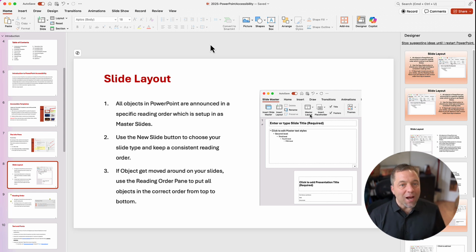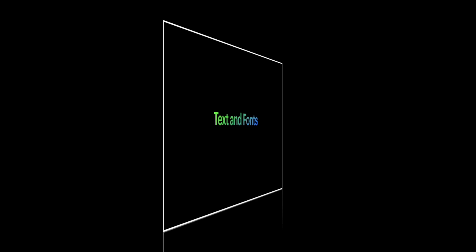If you were to add text boxes or image boxes that aren't in the slide layout, assistive technology might not be able to access them. So avoid adding text boxes and image boxes to your slides and just use the placeholder content that's already there.